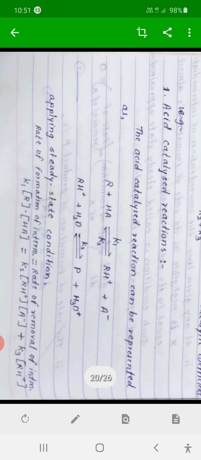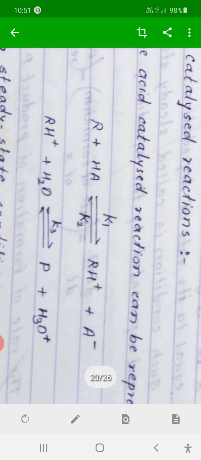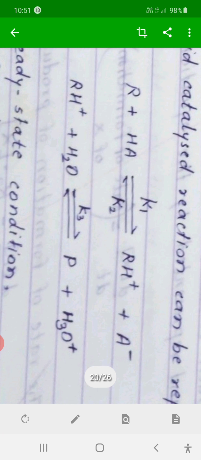We consider first the acid catalyzed reaction, that is reactant R plus catalyst acid HA reversibly gives intermediate RH plus plus A minus.